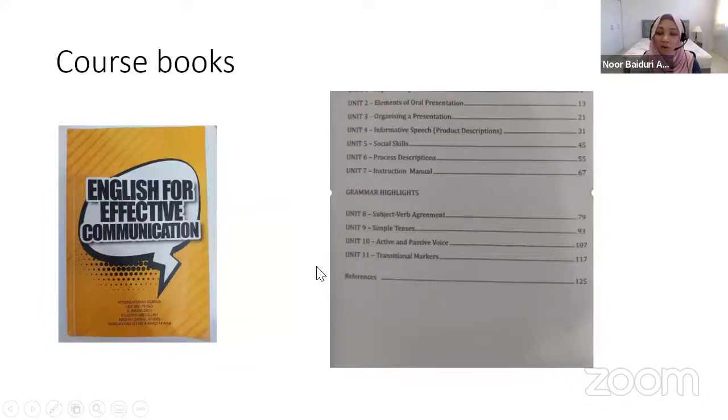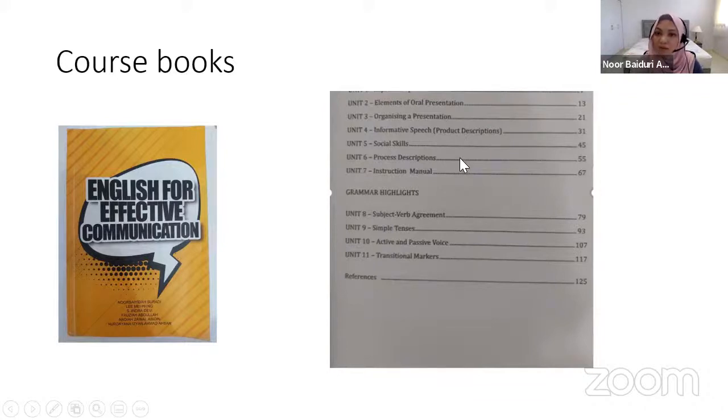This is the module that we write for our courses, because we feel that we cannot find a textbook that suits all the programs that we teach, all the faculties. We have a few. So this one is for engineering students. I think oral presentation cuts across all academic fields. Something different is informative speech, product description.